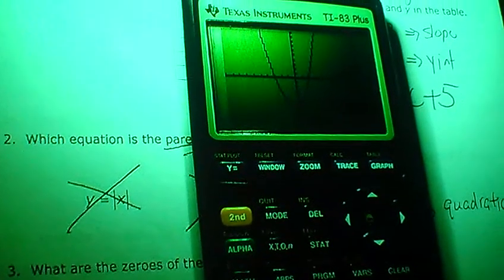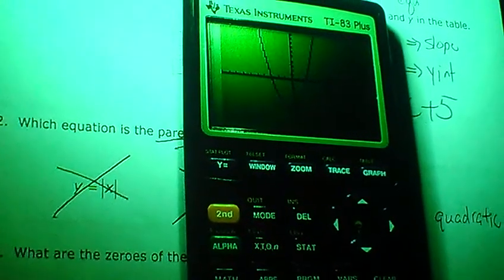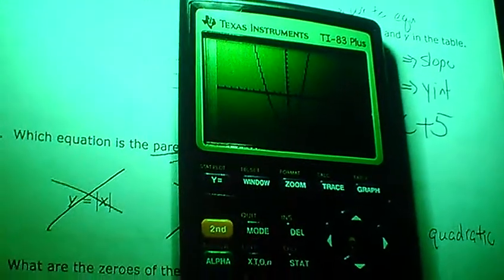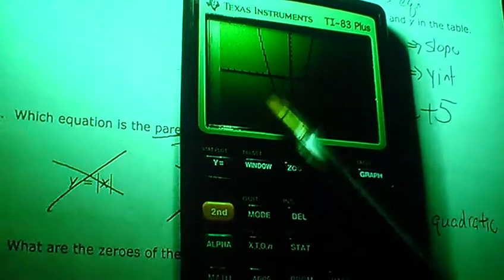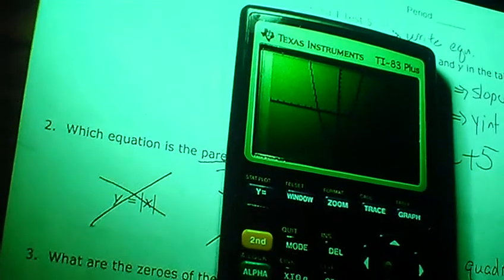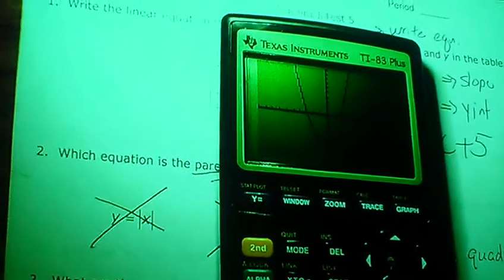Now from our last lesson, we learned that our zeros are the same as our x-intercepts, same as the roots. So we want to read the 2 points where our parabola crosses the x-axis. Now we're in our standard window, this is our zoom 6. If we want to go in closer, let's do a zoom 4.